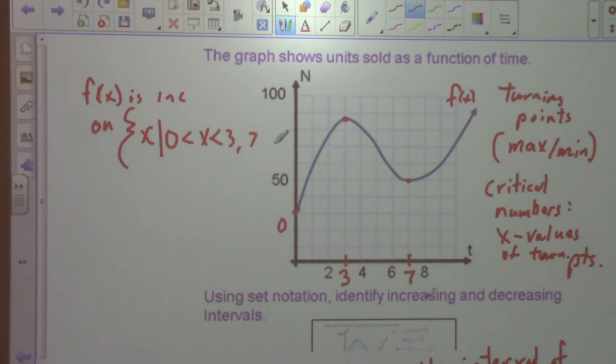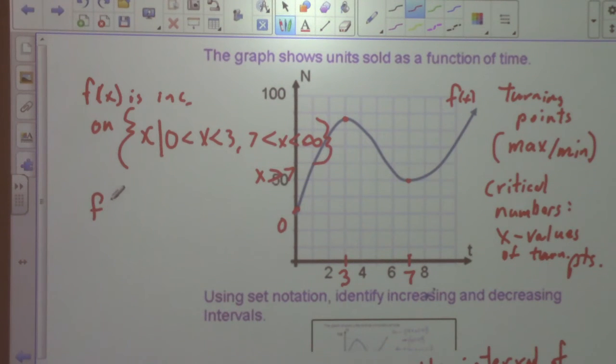Okay, 7, infinity. All right. And you could also just write this as x is greater than 7 too. Okay, you could do it that way. Do you see that? You could write this instead, x is greater than 7. That would also qualify. Okay, so that's where we're increasing.